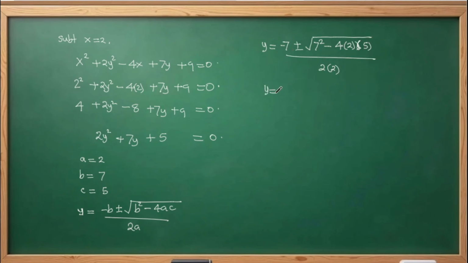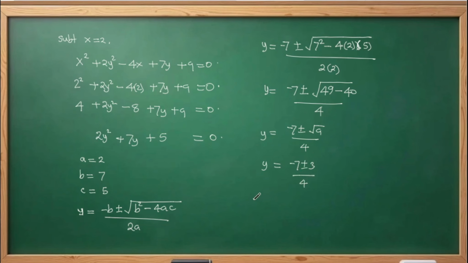So we continue simplifying. We have negative 7 plus or minus, inside the bracket 49 minus 8 times 5, that is 40. And then we get the root of 9 over 4 giving us y.